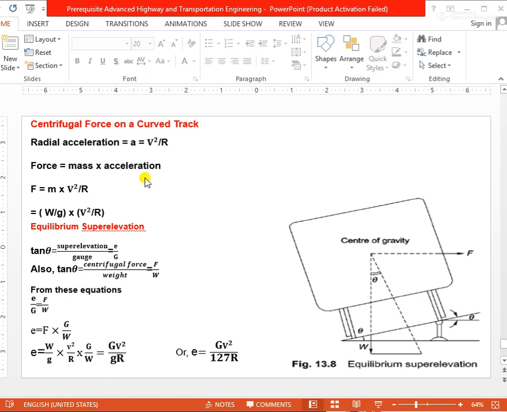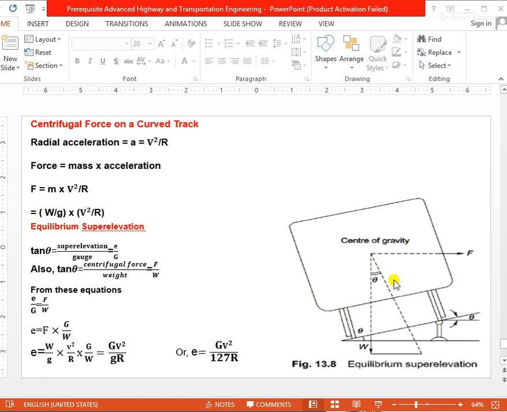The value of centrifugal force is given by the formula. This is the actual figure through which we can understand. This is the centrifugal force acting in the outer direction of the vehicle, denoted by F. So this force equals mass into acceleration. Force is equal to mass into acceleration.